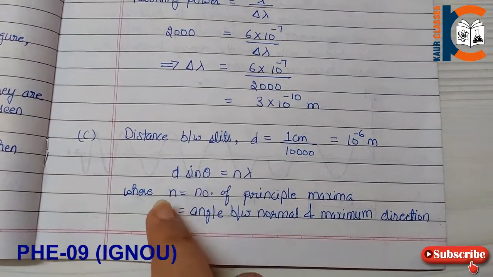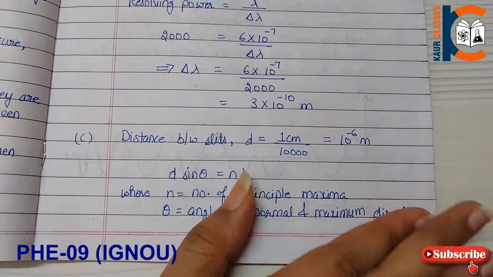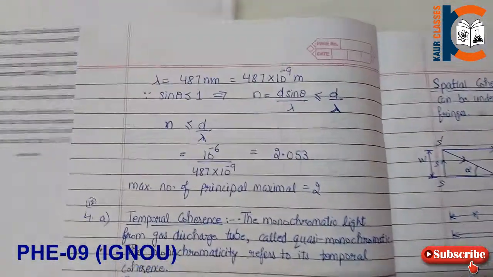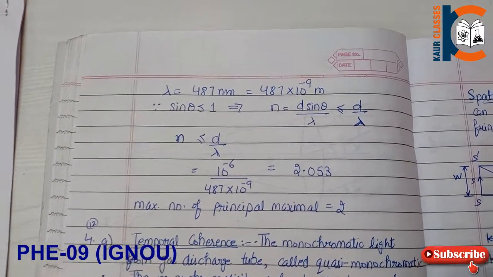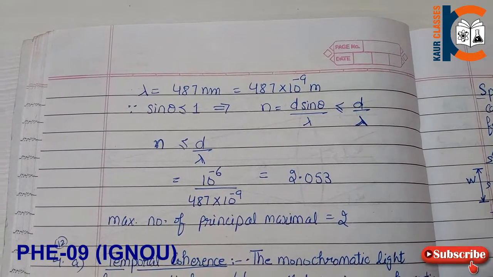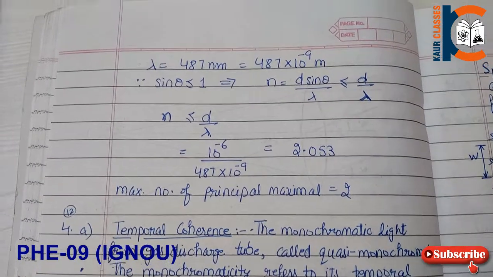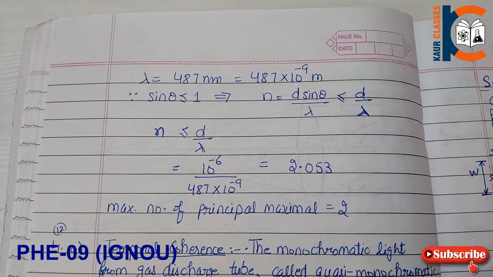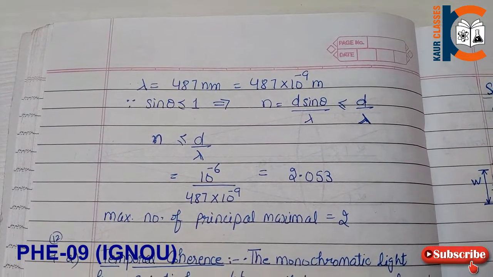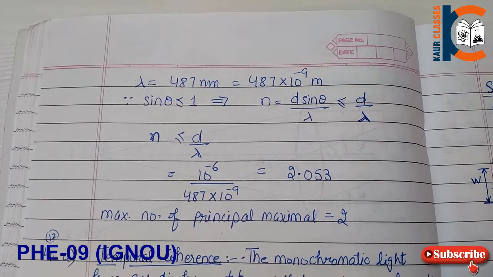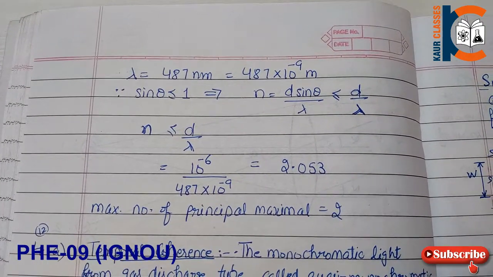We have the formula n lambda equals d sine theta. Because sine theta is less than 1, n equals d sine theta upon lambda is less than or equal to d by lambda. So n is less than or equal to d by lambda. We can use the equal to approximation, which gives 2.053, and the accurate whole number is 2.